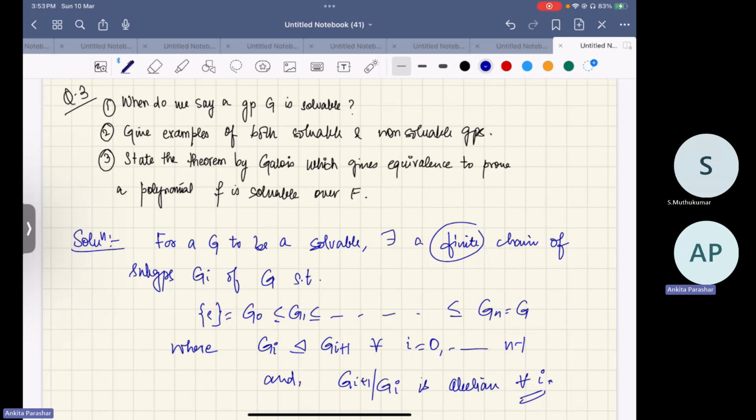So can you give quickly some examples of solvable and non-solvable groups?